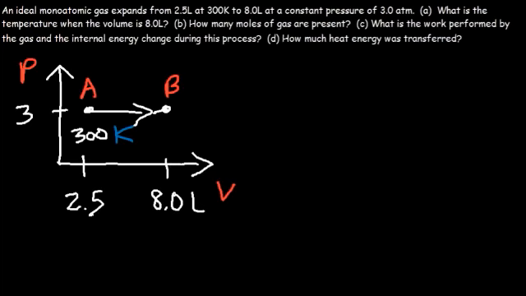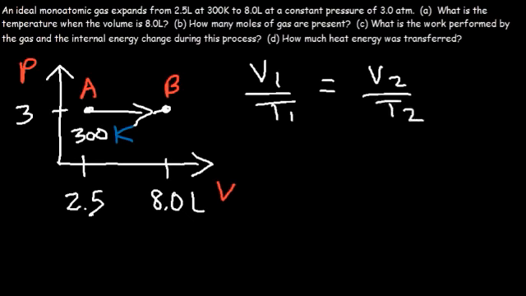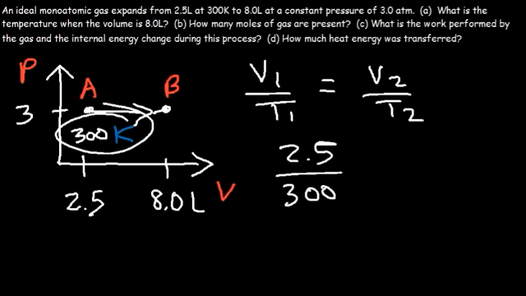Well, we can use this equation. V1 divided by T1 is equal to V2 divided by T2 under constant pressure conditions. This is known as Charles' law. V1 is 2.5 liters. T1, the temperature that corresponds to it, is 300 Kelvin. So we want to find a new temperature at a volume of 8 liters.